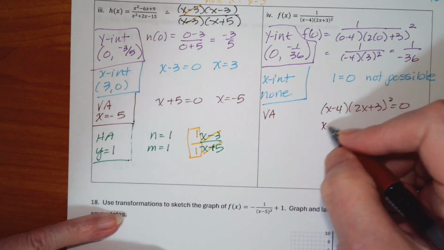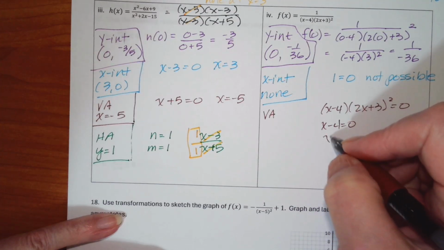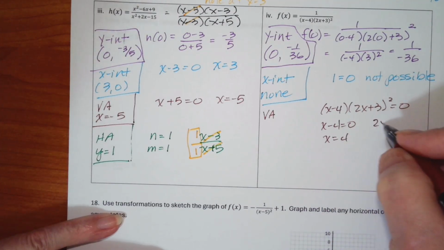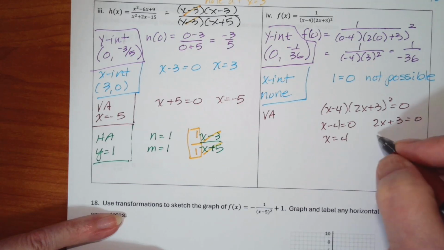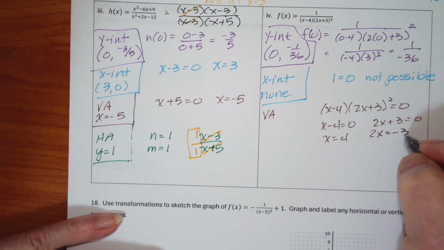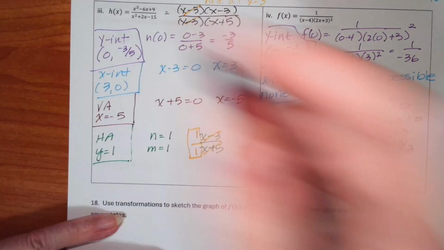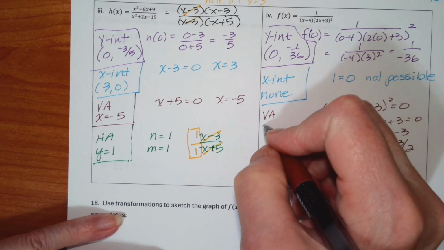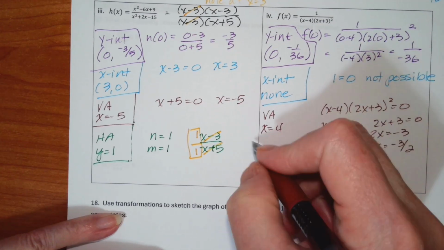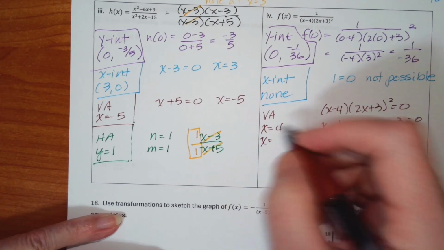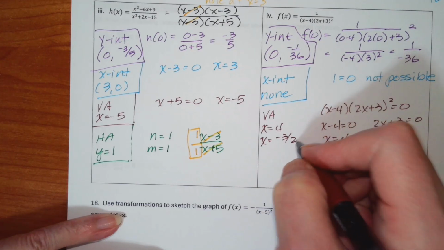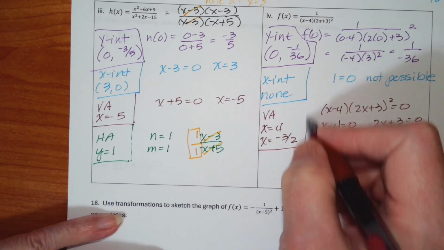So that tells me that x minus 4 equals 0, so x equals 4. 2x plus 3 equals 0, 2x equals negative 3, so x equals negative 3 halves. Okay, and so again, these are vertical lines. So x equals 4 and x equals negative 3 halves are my vertical asymptotes.